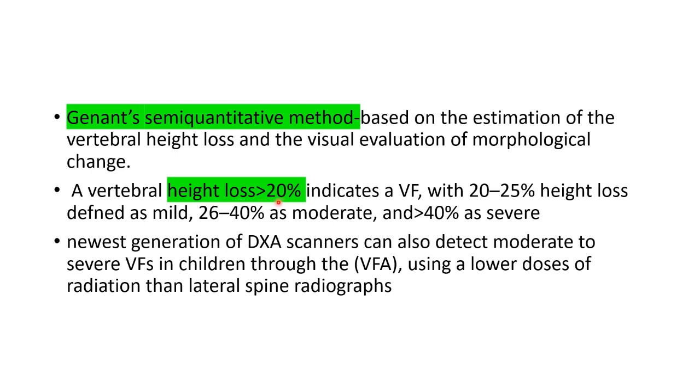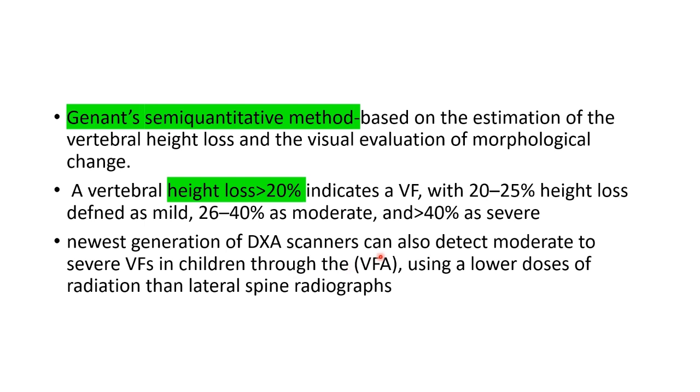A vertebral height loss of more than 20% indicates a vertebral fracture, with 20 to 25% height loss defined as mild, 25 to 40% as moderate, and more than 40% as severe. Newer generation DEXA scanners can also detect moderate to severe vertebral fractures in children through vertebral fracture assessment, using a lower dose of radiation than lateral spine radiographs. But we should remember that lateral spine radiographs are the gold standard.